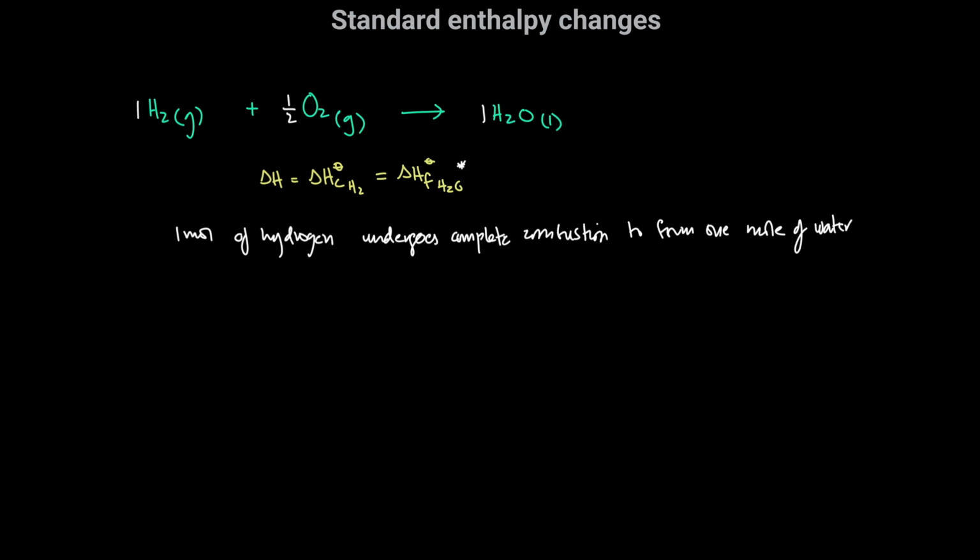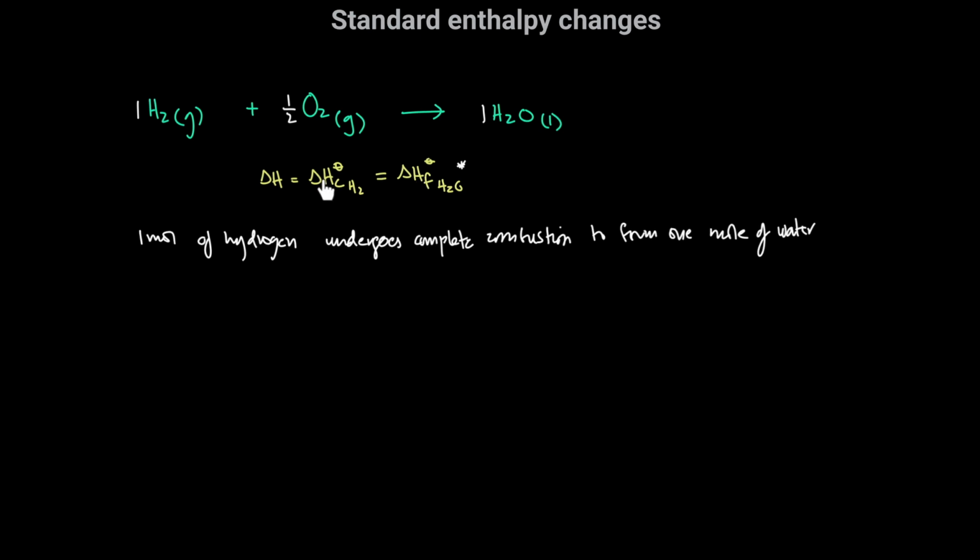So this statement alone explains why these two are the same, because you're forming 1 mole of a substance from its elements in their standard states, and it's a result of 1 mole of another substance undergoing complete combustion. So this statement explains why the enthalpy of combustion of hydrogen is equal to the enthalpy of formation of water. So the enthalpy change for this reaction can be referred to as the enthalpy of combustion of hydrogen or as the enthalpy change of formation of water.